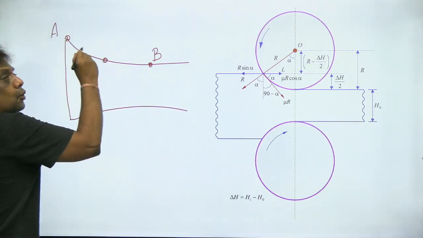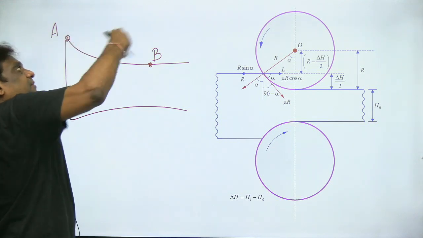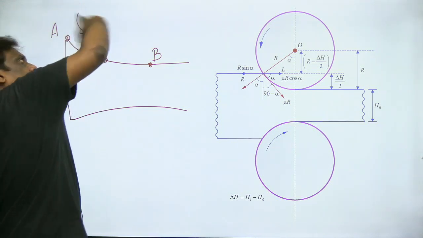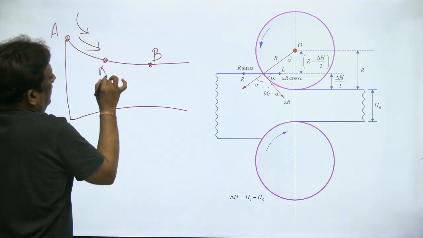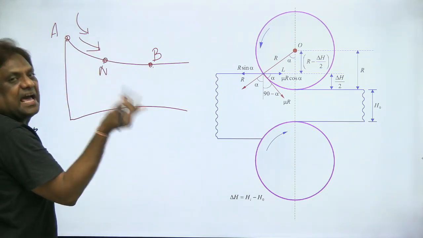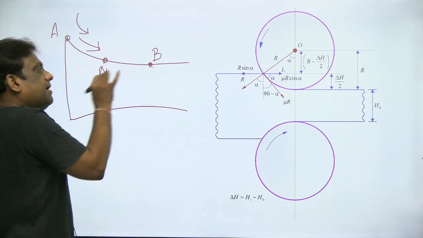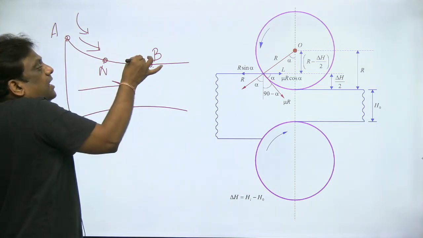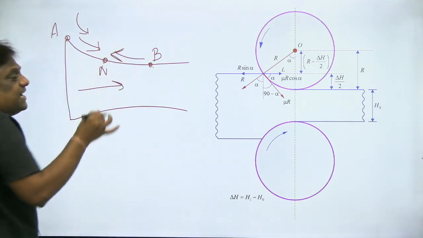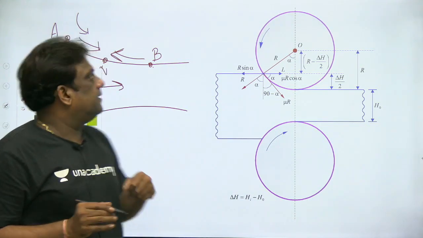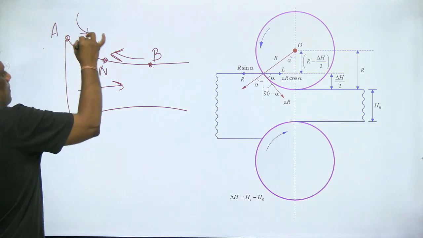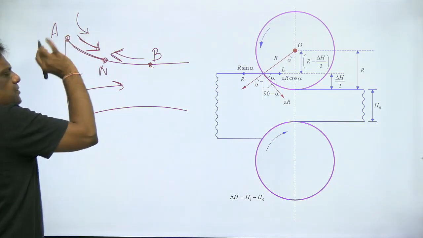In A to B, roller velocity is more, so when roller velocity is more, roller is moving like this, and it will try to accelerate. But in N to B, my roller is lagging. When the roller is lagging, it is moving like this, so the roller will exert like this. So the direction of frictional forces is not the same. I repeat, this is accelerating. So please observe here, what is happening?